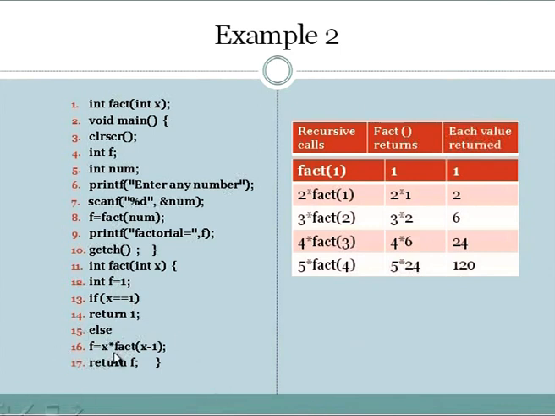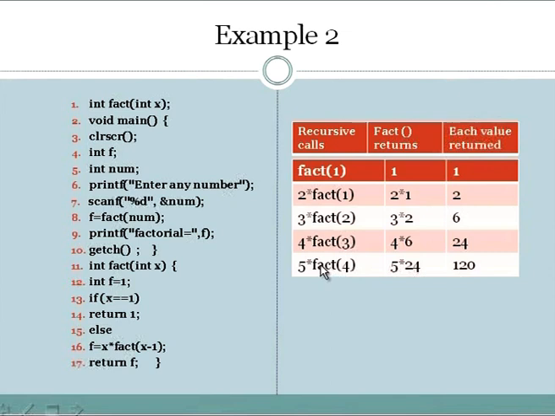Control will come inside the body of else, and here the statement x, that is 5, multiplied by fact x minus 1. You see in the diagram that 5 is the current value of x, and the value of x is 5, so x minus 1 is 4.